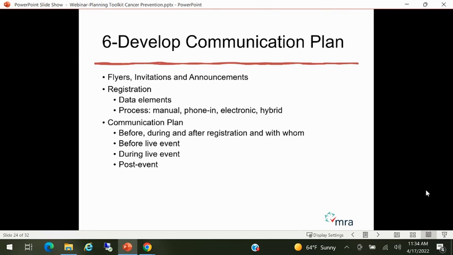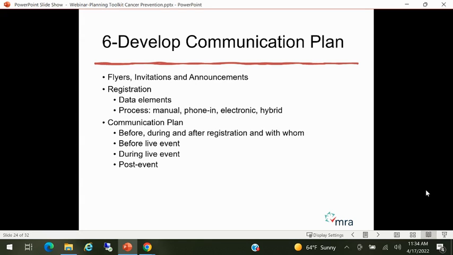Look at your flyers, your invitations, your announcements, your registration. What are the data elements that you're going to require for minimum registration? You want as many elements as you can, but you don't want to be too intrusive, and you also do not want it to take too long to produce.